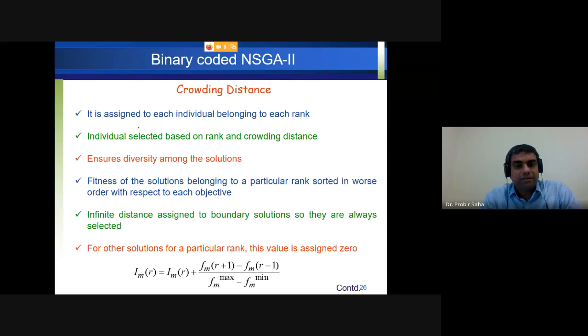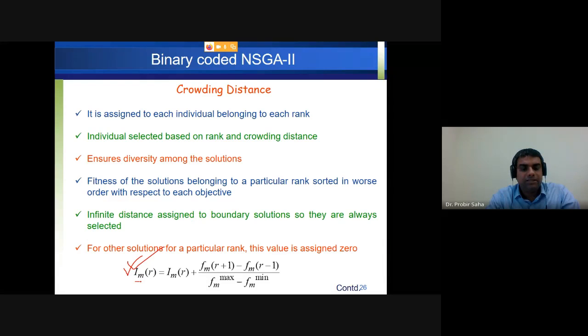But first, let me show how the crowding distance for each and every solution lying in a particular front can be calculated. This can be done by this formula. What is that formula? I'll explain in detail. This is I_m. What is I_m?